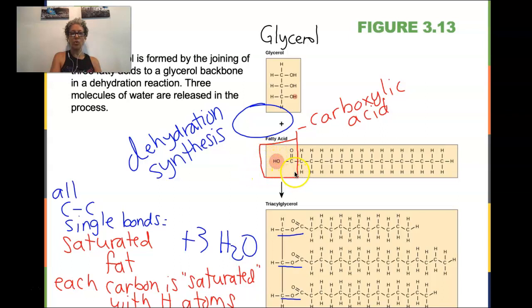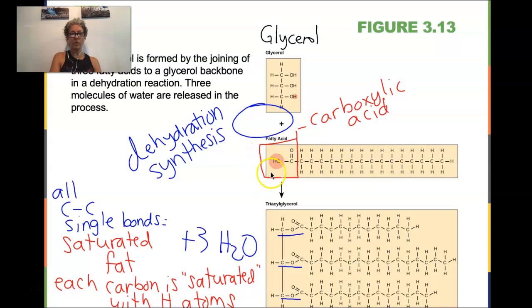So this whole square is highlighting the functional group that is the carboxyl group, also called a carboxylic acid functional group. Acidic because when in solution, this portion of it tends to donate the hydrogen ion. And hydrogen ion donors are acids. That's why they're called fatty acids, because they are fat and they have an acidic end.